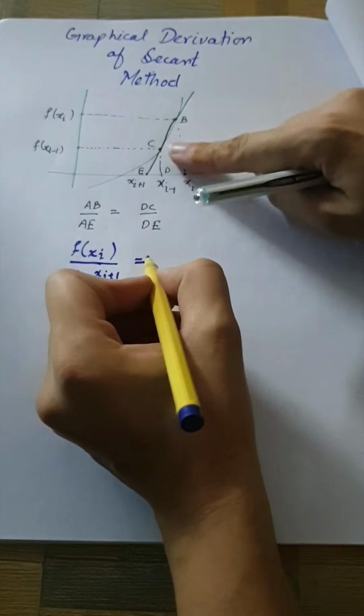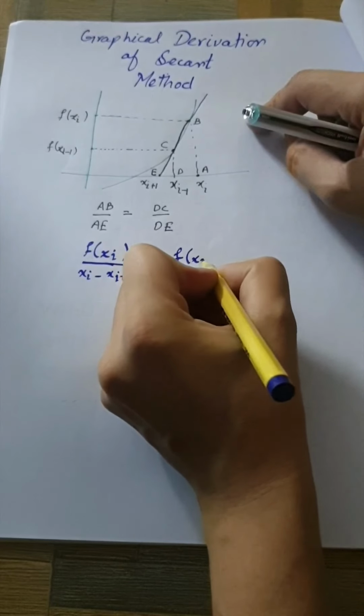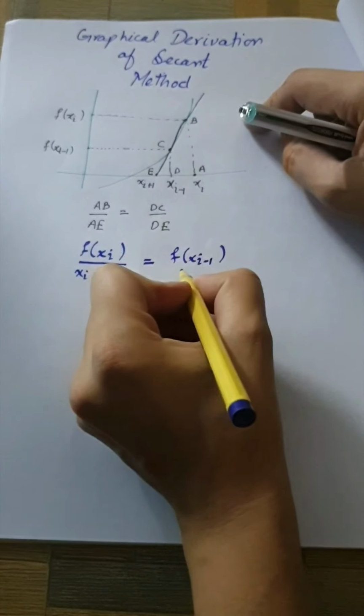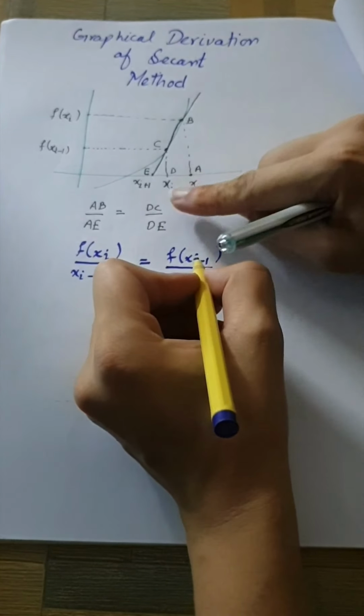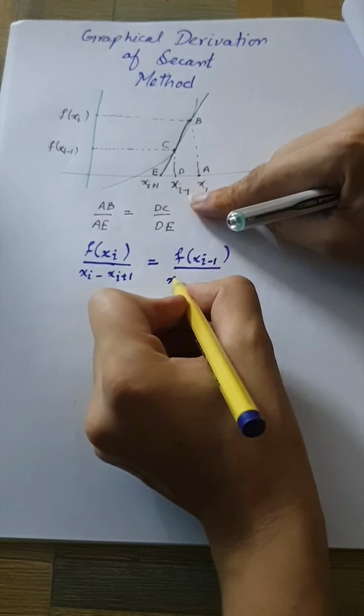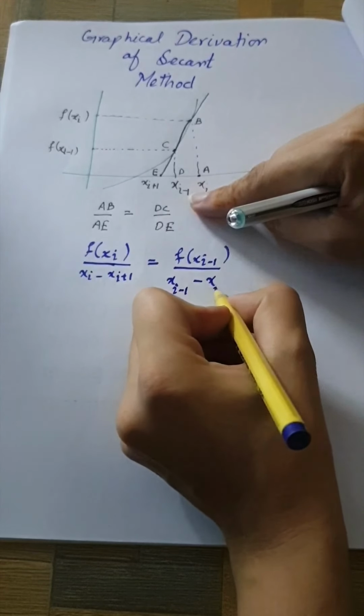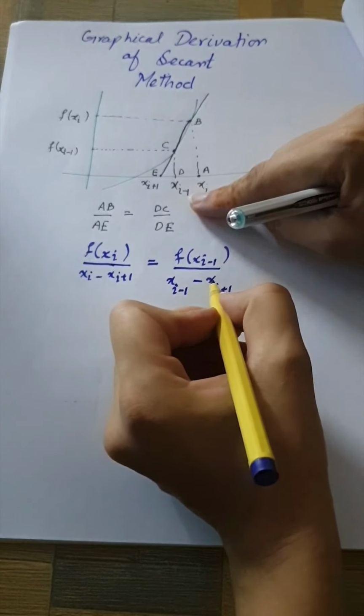Similarly DC is denoted by f of x of i minus 1 divided by DE. And what is DE? DE is the difference between x of i minus 1 minus x of i plus 1.